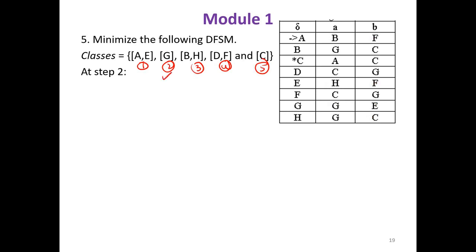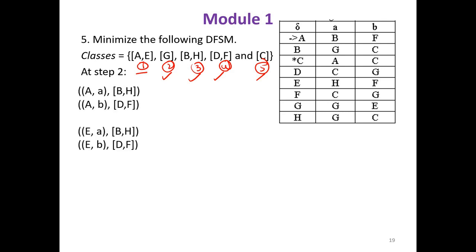Already we have checked BH is not needed to split. DF also share the same pattern, no need to split. Finally, we are left with checking A and E. So AA goes to B, B is in BH. AB goes to F, F is in DF.